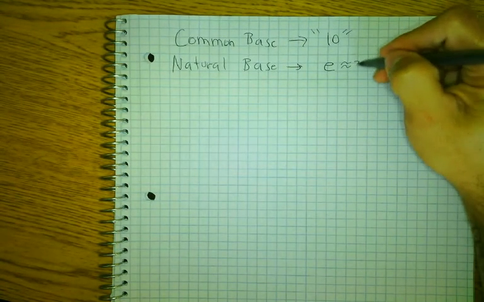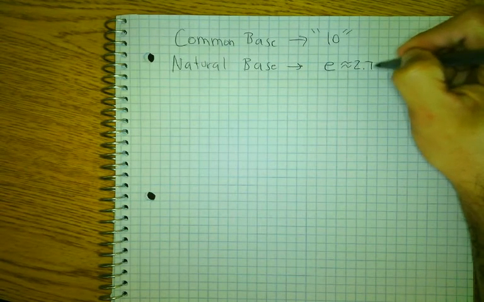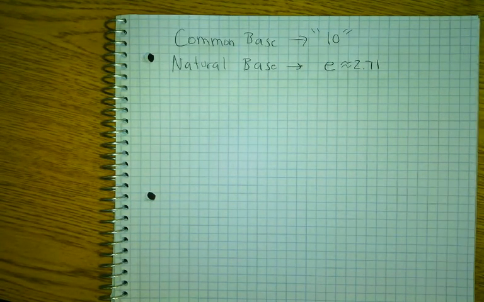No? Okay, that's fine. It's approximately 2.71. Okay? Fair enough? All right. Those two bases occur a lot. It is called a natural base because it occurs in nature a lot. We don't have time to talk about that in this class, but if you're interested, it's a pretty interesting topic. Cool?